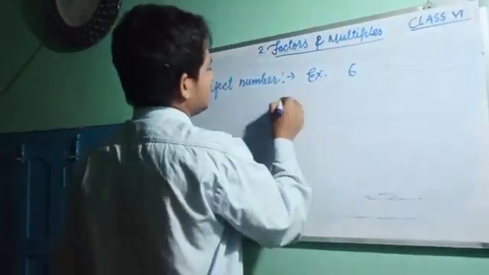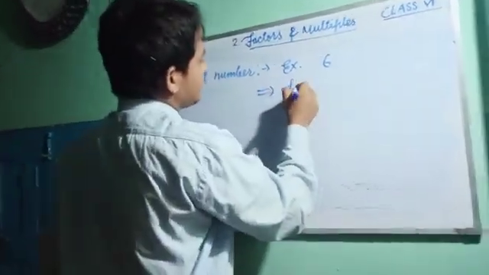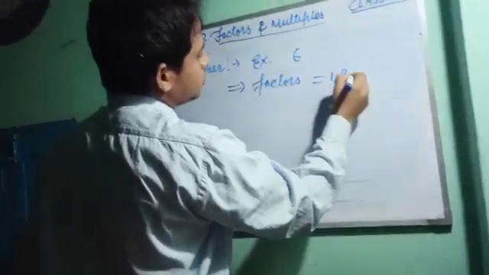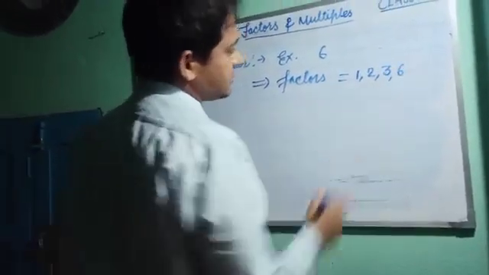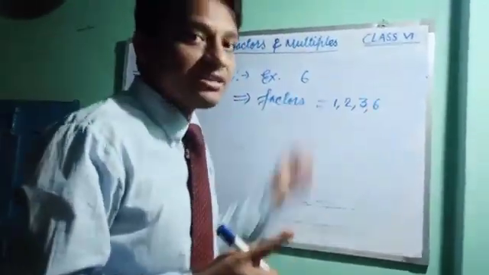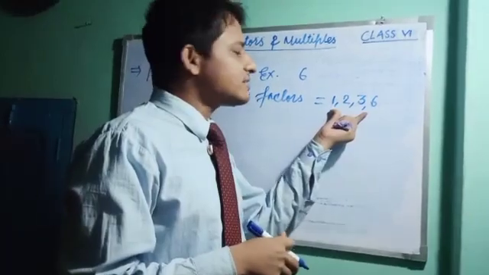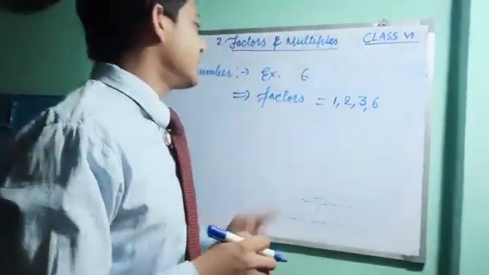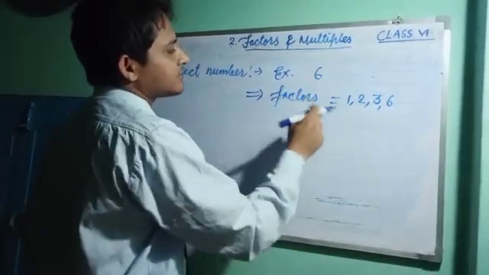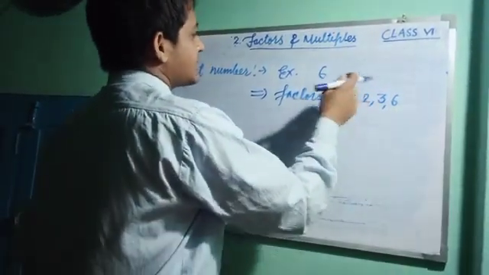Now check. First find the factors. Factors of 6 are 1, 2, 3 and 6. If you remember, factors are the numbers which are divisors of the number. That means 1 can divide 6, 2 can divide 6, 3 can divide 6 and 6 can divide 6.